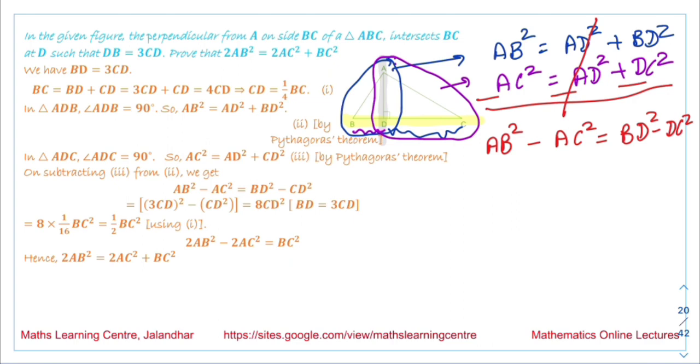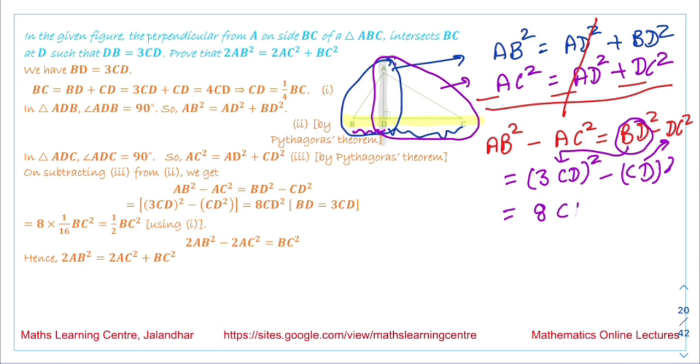Now this BD value is given to be 3 times CD. So it is 3 times CD, whole square, minus CD square. In place of BD we are writing 3 times CD over here. So we get it is equal to 8 times CD square. Now suppose CD length is X. This length is 3X.